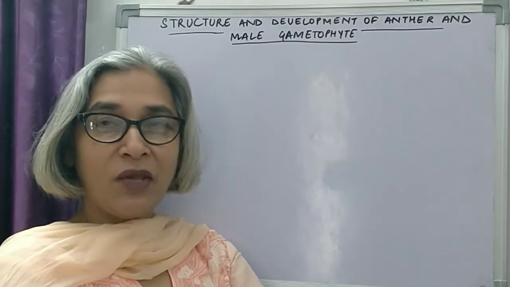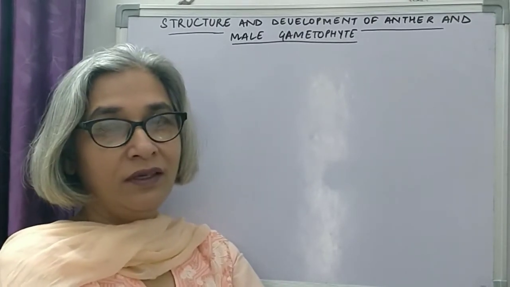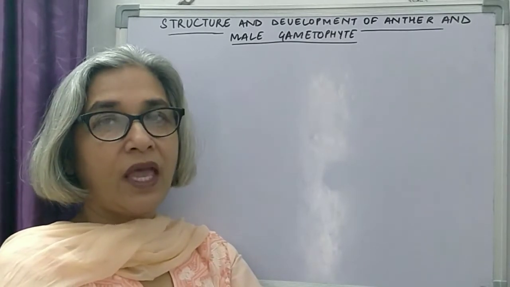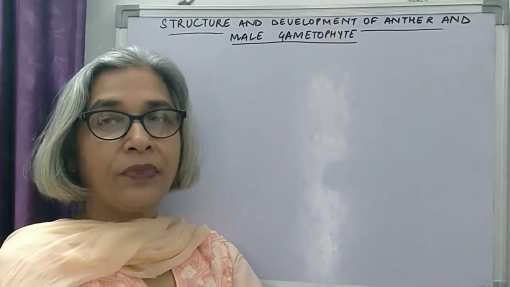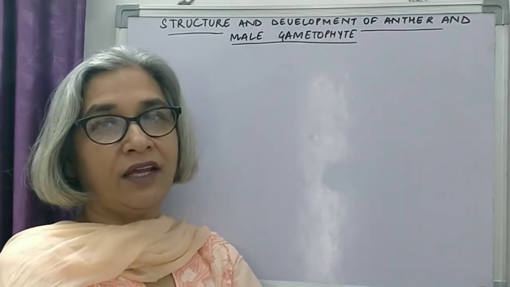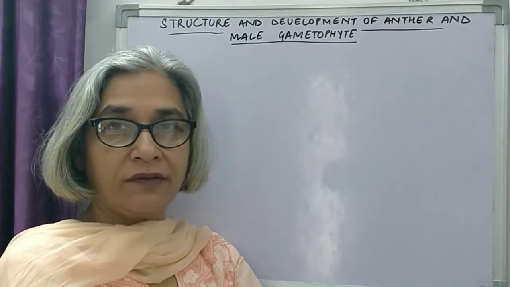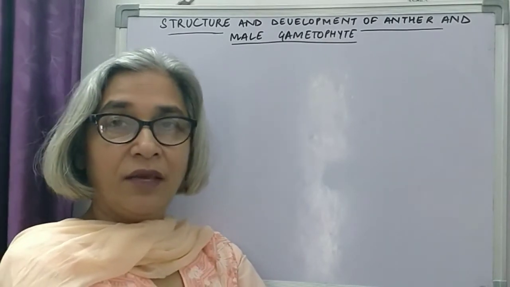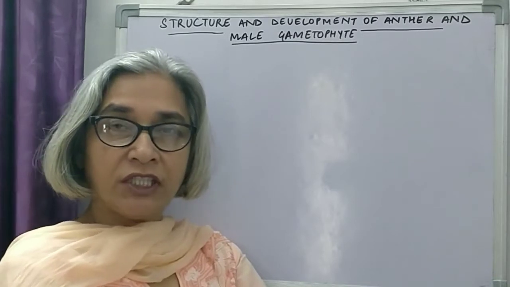Well, today we will be beginning with the structure and development of the anther and the male gametophyte. In my previous class, we had discussed that flowers are the reproductive structures of angiospermic plants. They bring about reproduction.